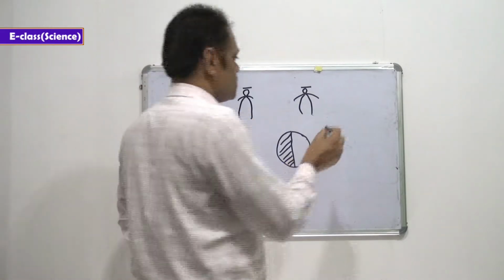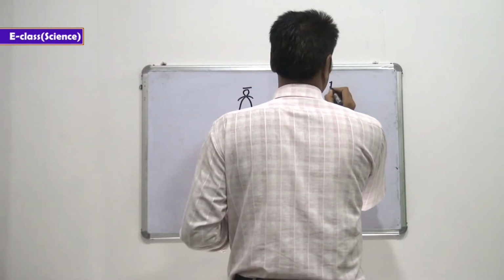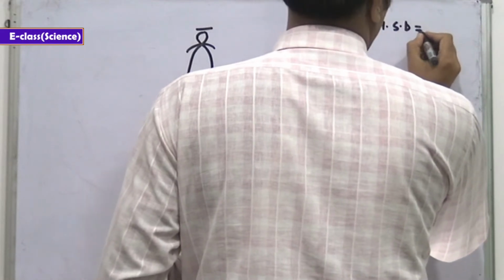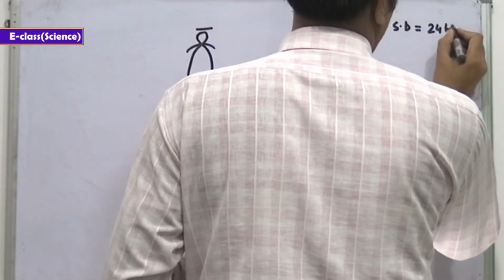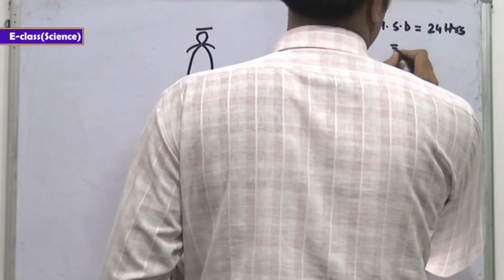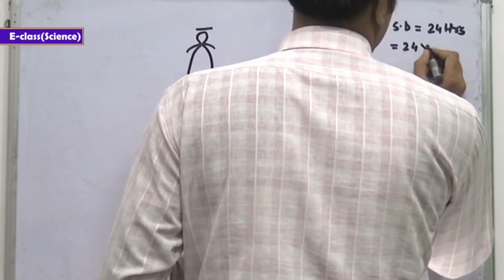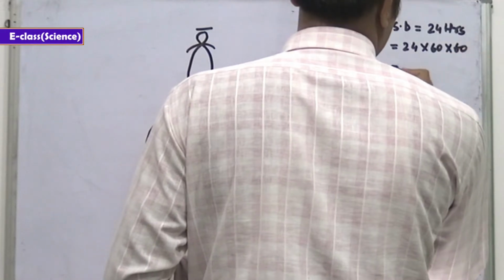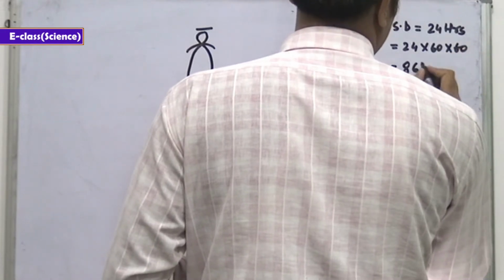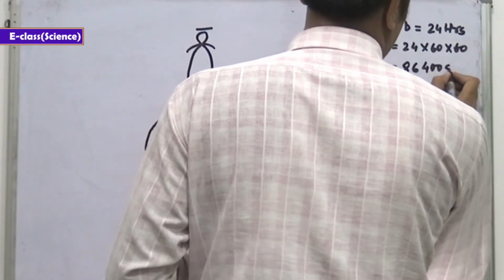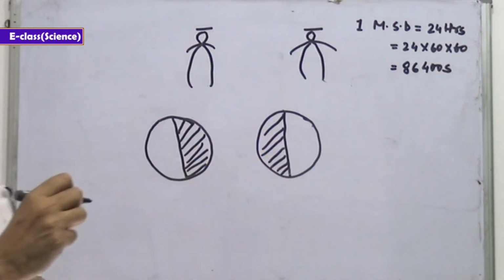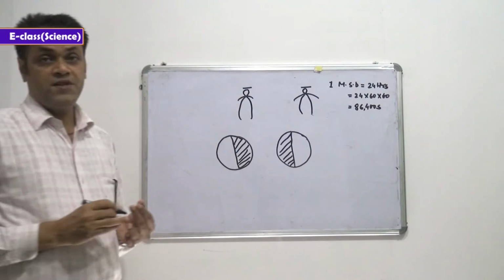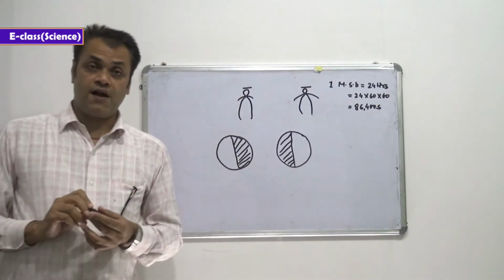One mean solar day is equal to 24 hours, and 24 hours into 60 into 60 becomes 86,400 seconds. Now I have defined one mean solar day.